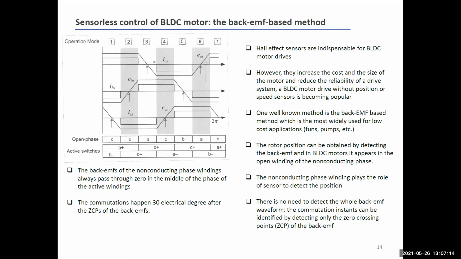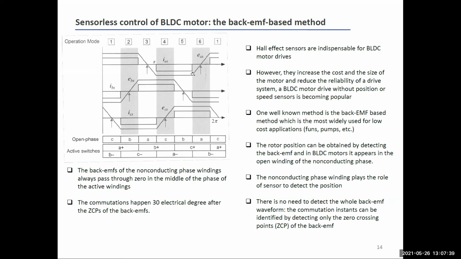This slide, another time, shows you the 6 operating modes in sequence, 1 to 6, shows you the back EMF for the phase A, the phase B, and the phase C, and the current flowing through the phases. Exactly the same explanation and description that I gave.